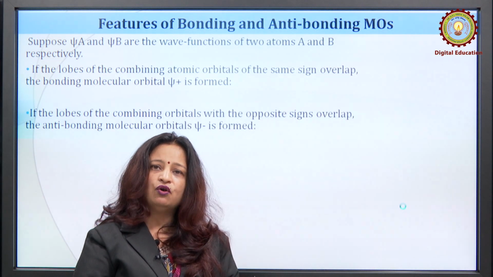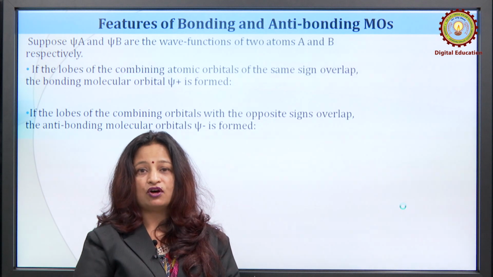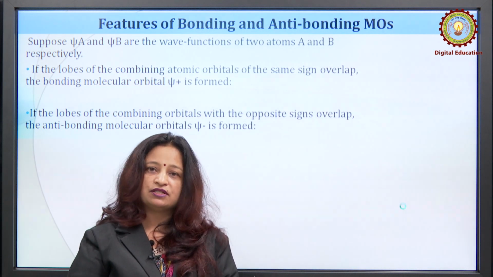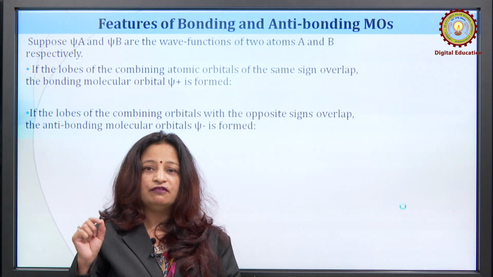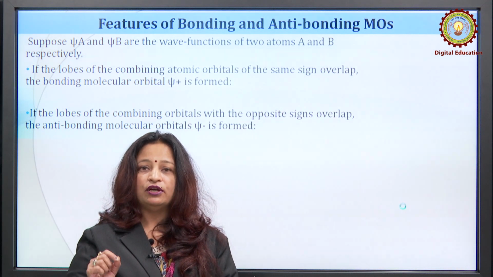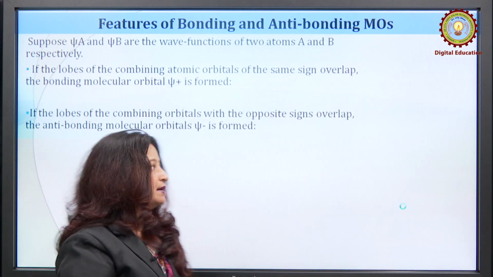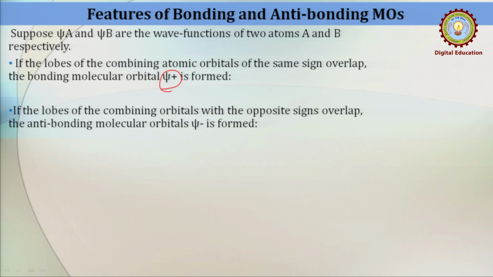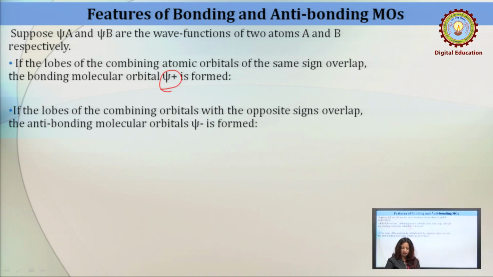So, if the lobes of the combining atomic orbitals of the same sign overlap, as we have already discussed, then the bonding molecular orbital is formed, and the wave function of that bonding molecular orbital may be represented as psi plus. So, this is psi plus, the wave function of the bonding molecular orbital.